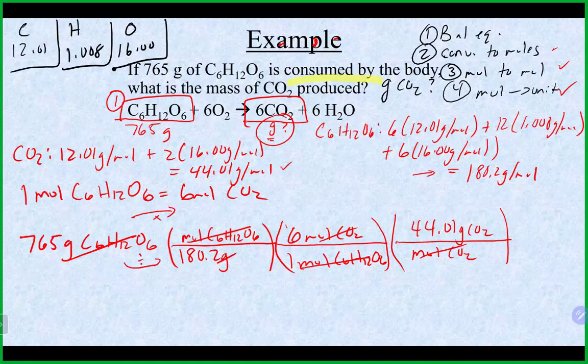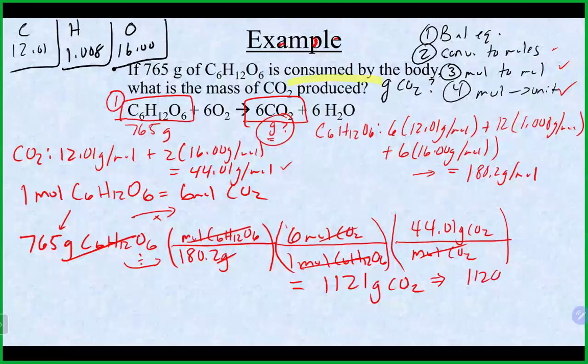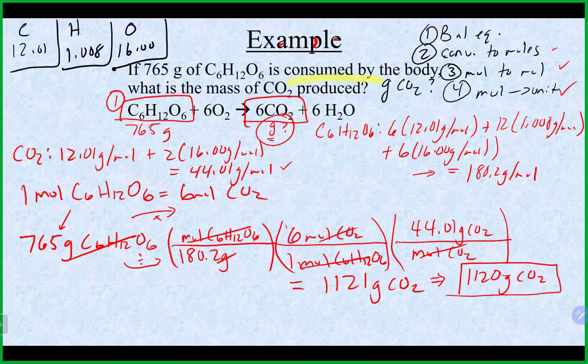And that's going to give us basically 765 times 6 times 44.01 divided by 180.2. There we go. Going to get us here, looks like 1121 grams of CO2. And sig fig wise, maybe 3 sig figs, so maybe 1120 grams of CO2. That again would be our theoretical yield in grams.